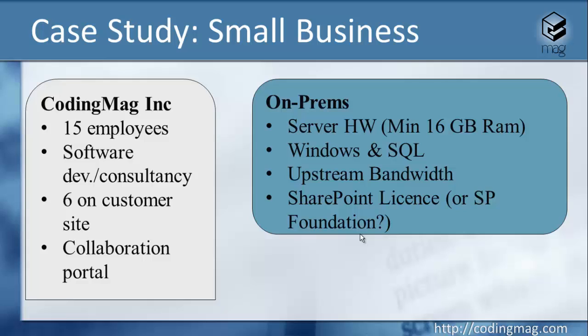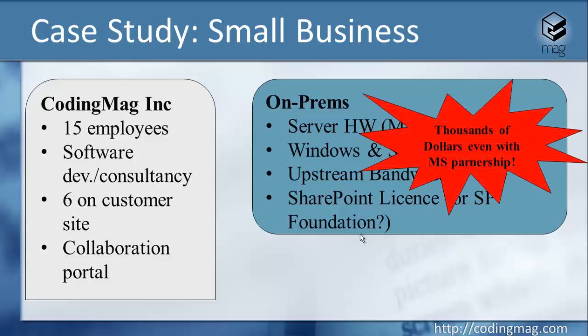You need to acquire some upstream bandwidth for serving to the internet, and you need a SharePoint license if you are using SharePoint Server, or you can use the free SharePoint Foundation. Even with a Microsoft partnership, which gets you the licenses for free, you still have to pay for the server hardware, and it will cost a few thousand dollars.